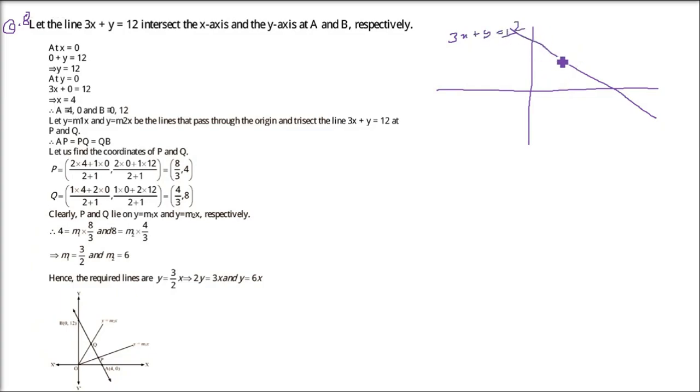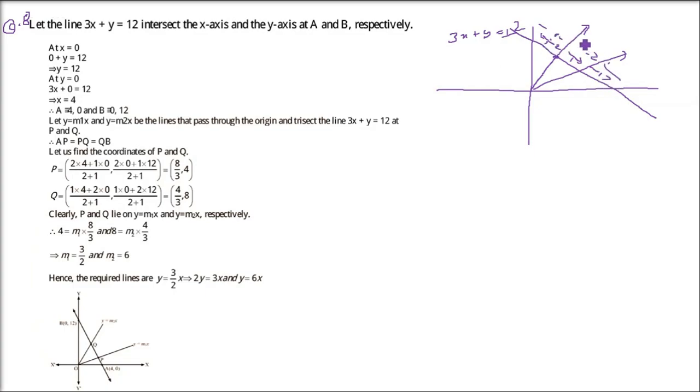Then we have the lines, this one and this one. These 2 lines are trisecting this portion, so there are 3 parts. This line is dividing the whole line between the x and y axes in the ratio 1:2, and the second line is dividing the same line in the ratio 2:1, that is, 2 portions and 1 portion.